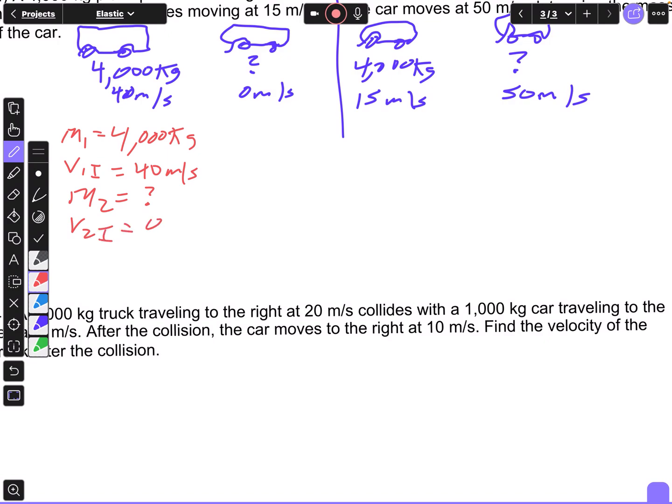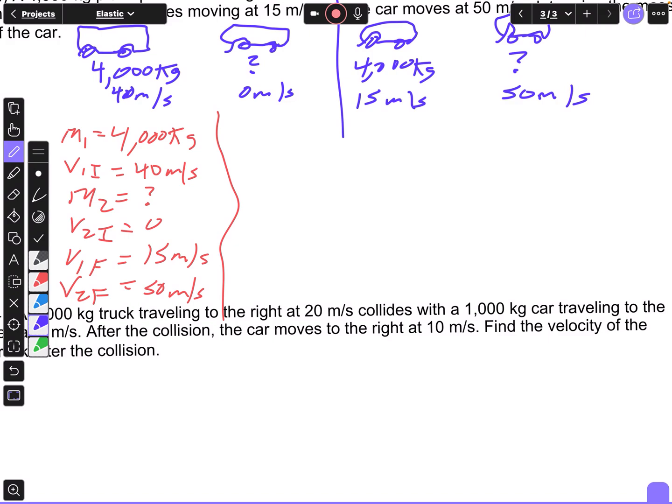And then V1F, my final velocity of the first object, moves off at 15 meters per second. And then V2F is 50 meters per second. It helps to draw these out. It's not necessary if you can work these problems, but it really helps to draw them out to keep everything in front of you where you can tell what you're doing.